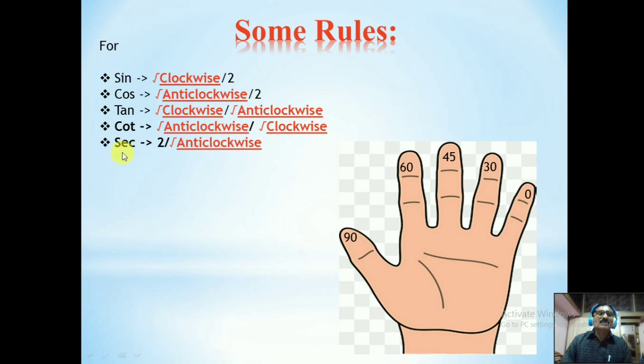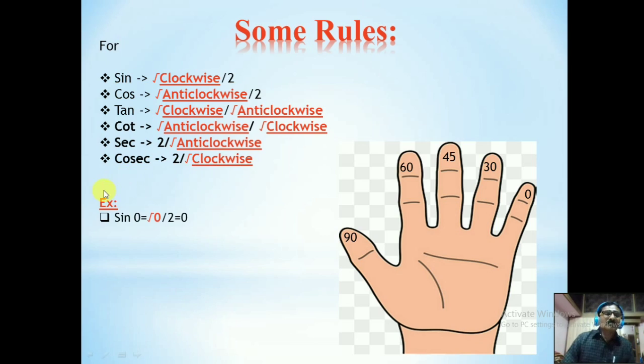For sec, sec and cos are inverse of each other. Therefore, we write 2 upon root of anti-clockwise fingers. For cosec, cosec is inverse of sine. Therefore, we write 2 upon root of clockwise fingers.